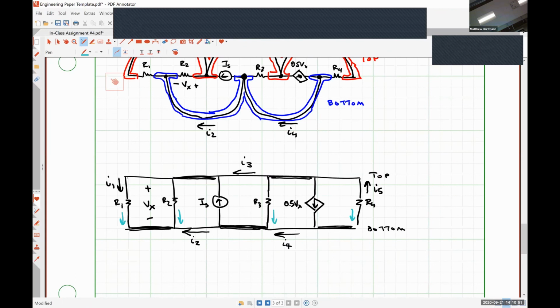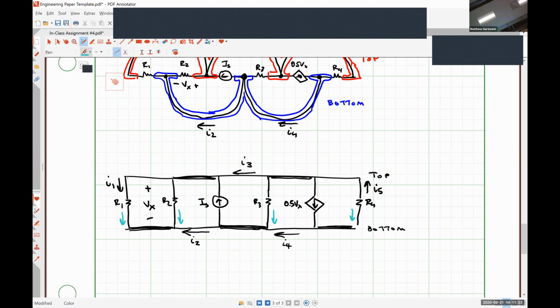The reason I'm directing them all downward is so that they flow into the positive polarity terminal of the voltage Vx, because Vx is common over all of these elements since everything is connected in parallel. So my KCL expression is set up so that all the resistors absorb power, because I know that's what they should be doing. That's why I've arbitrarily chosen all of those resistor currents to go down.